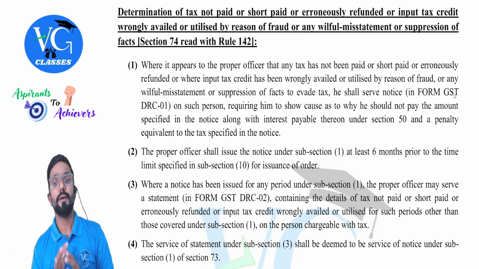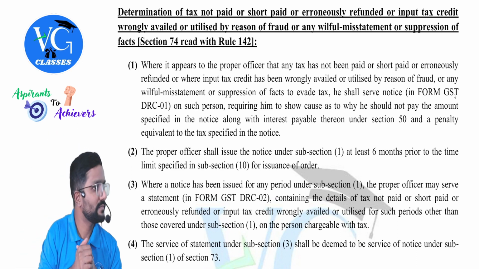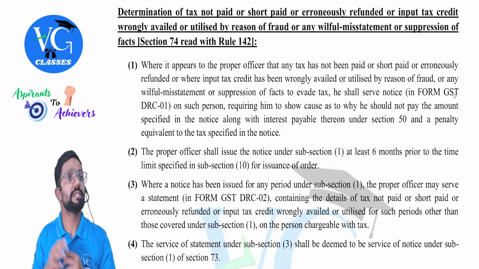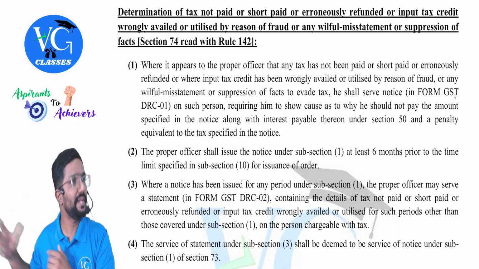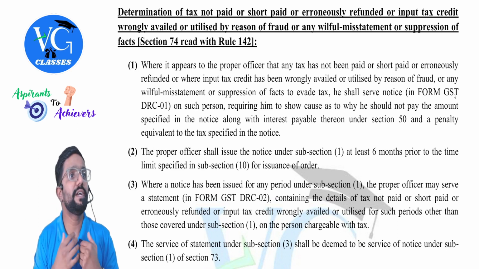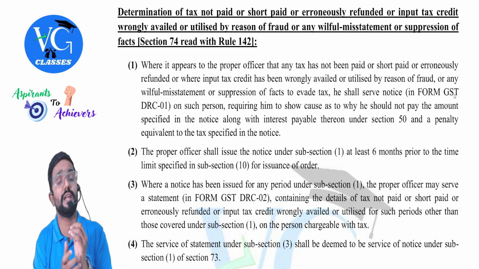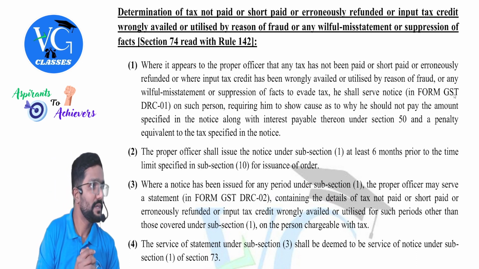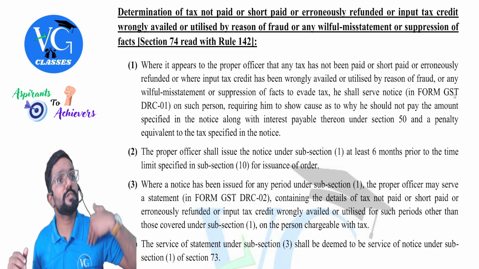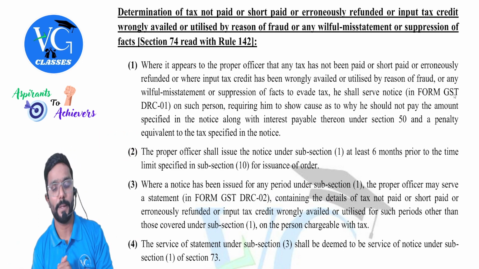Or else, willful misstatement means what? Intentionally I gave wrong information. Or suppression of fact means what? My outward supply was 20 lakh, but I gave only 10 lakh. Suppression, or in income tax language, we will call it non-disclosure or undisclosed. Clear? I didn't disclose my sales fully or my output tax fully.